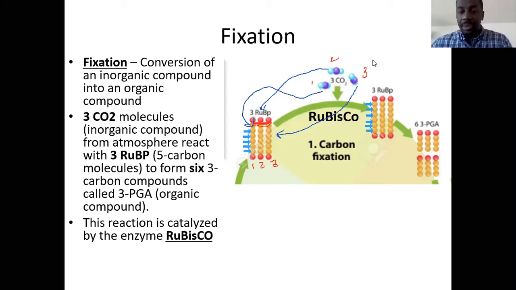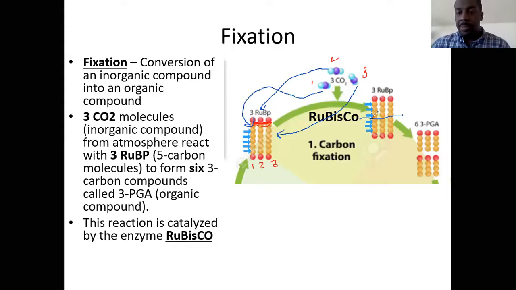So once we add that 6th carbon from carbon dioxide, the next thing that's going to happen is each of those molecules is going to split in half, right down the middle. Once it splits in half, we only have 3-carbon molecules. We have 6 3-carbon molecules, which we call 3-PGA, or 3-phosphoglycerate. You don't need to worry about the name, just 3-PGA is fine.